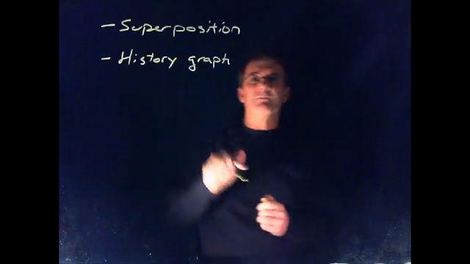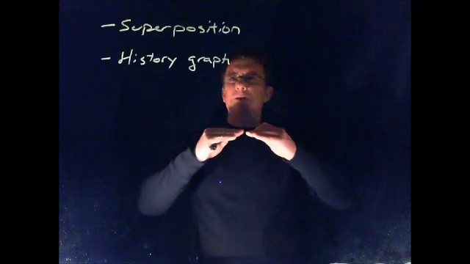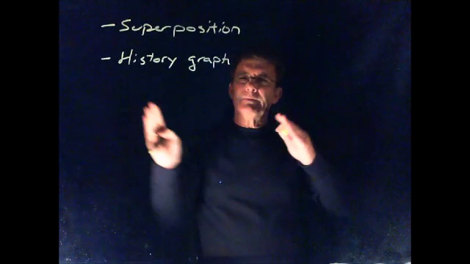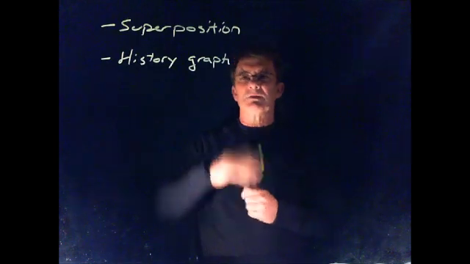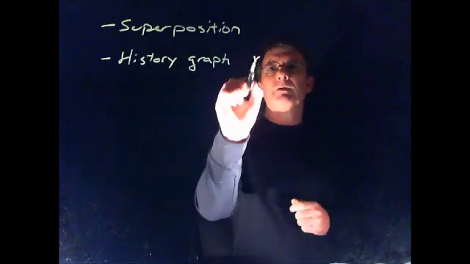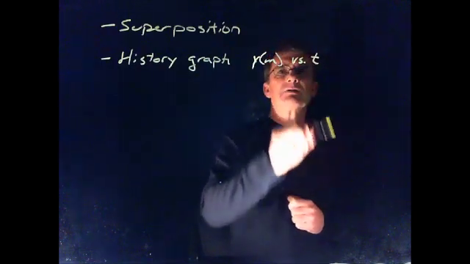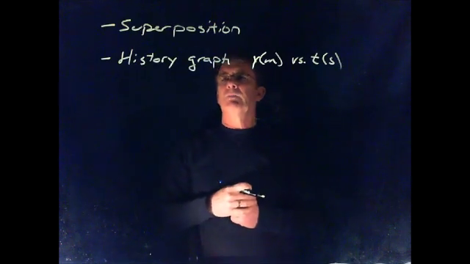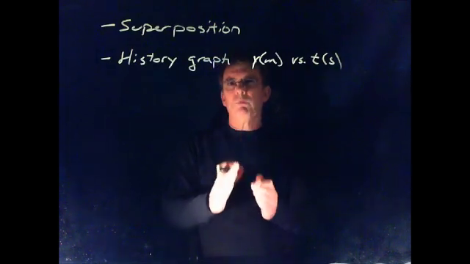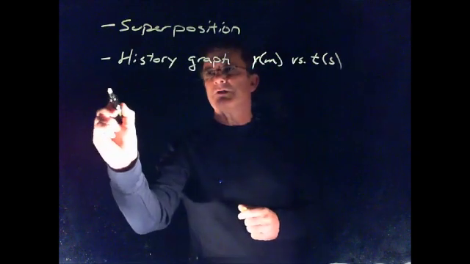A history graph would be like a point in a medium or on a rope where a pulse passes through it, and we want to see the displacement versus time of that pulse. So that's what I refer to as a history graph, a displacement versus time graph for a particular point in the medium.